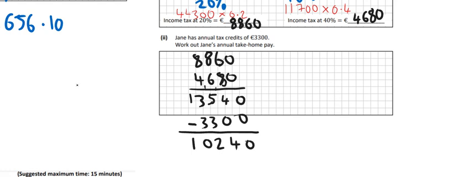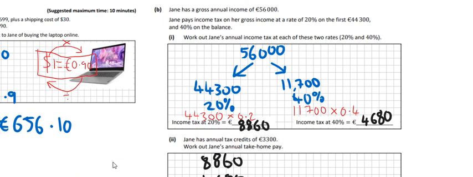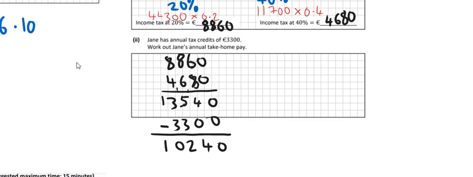And then this is the net tax. So this is tax that ultimately has to be taken from the amount that she earned in the first place. Her gross income was 56,000, so we're going to take this away from 56,000.